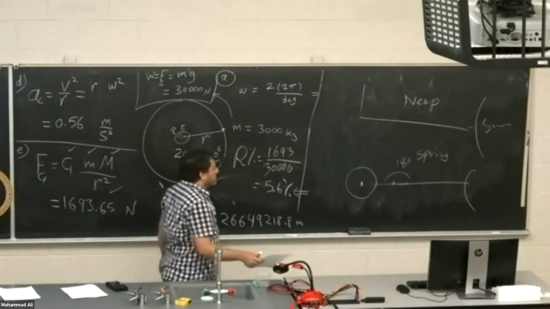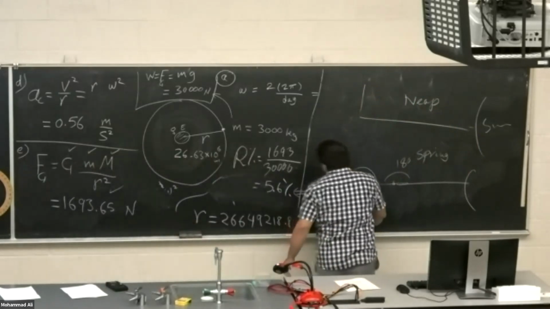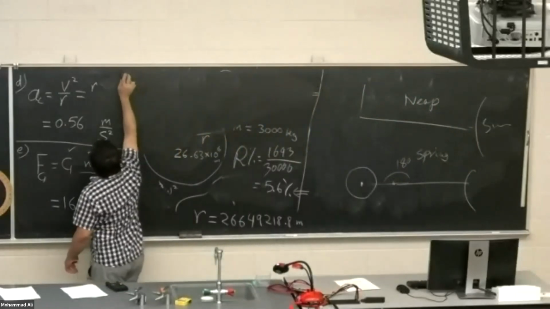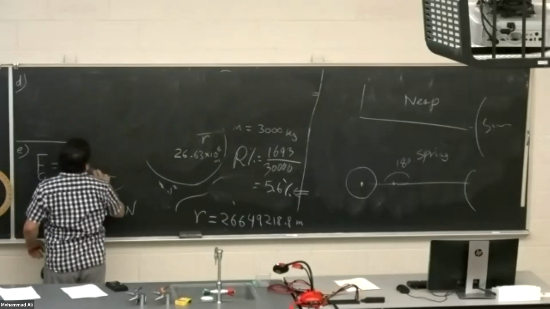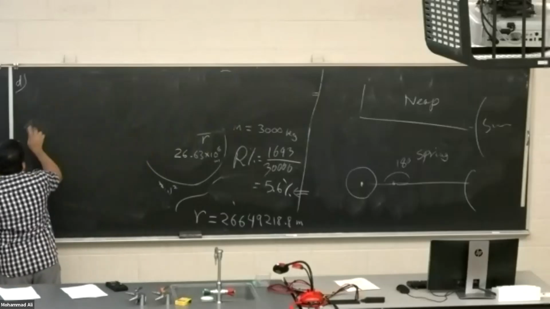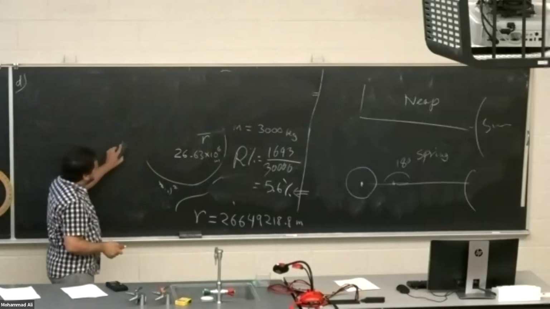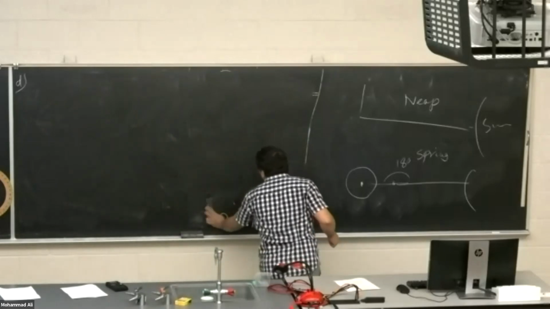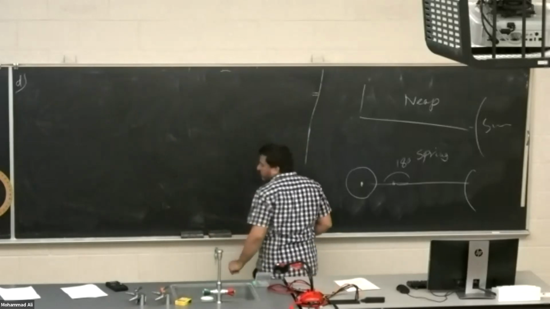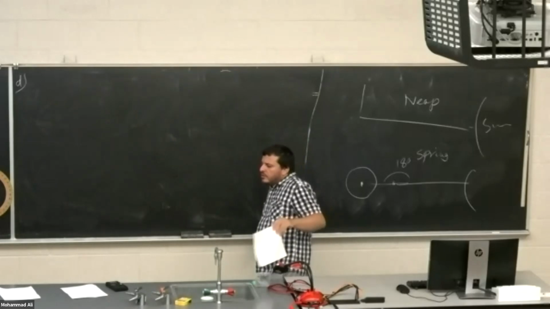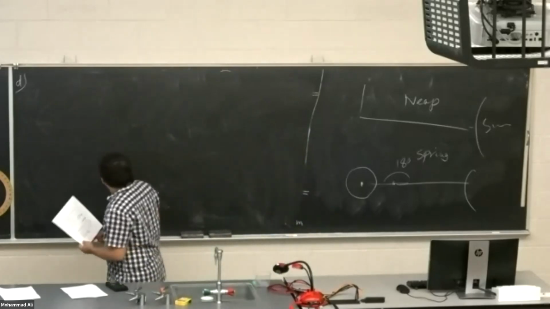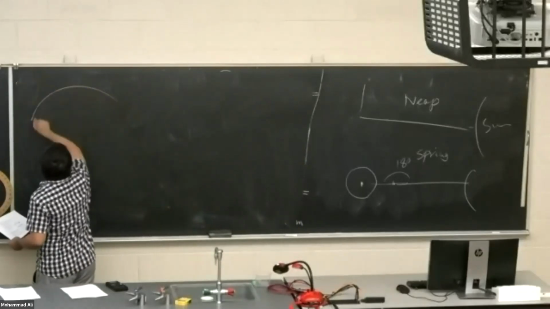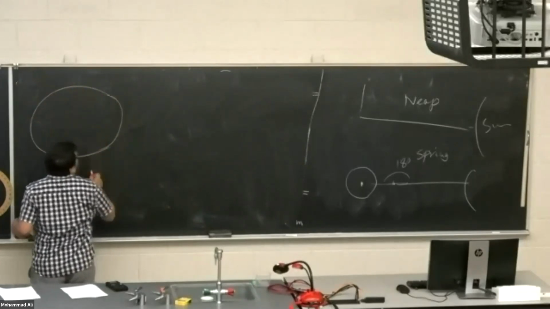Now we have Kepler's laws. The first law says that the contour or the trajectory of rotation is an ellipse.